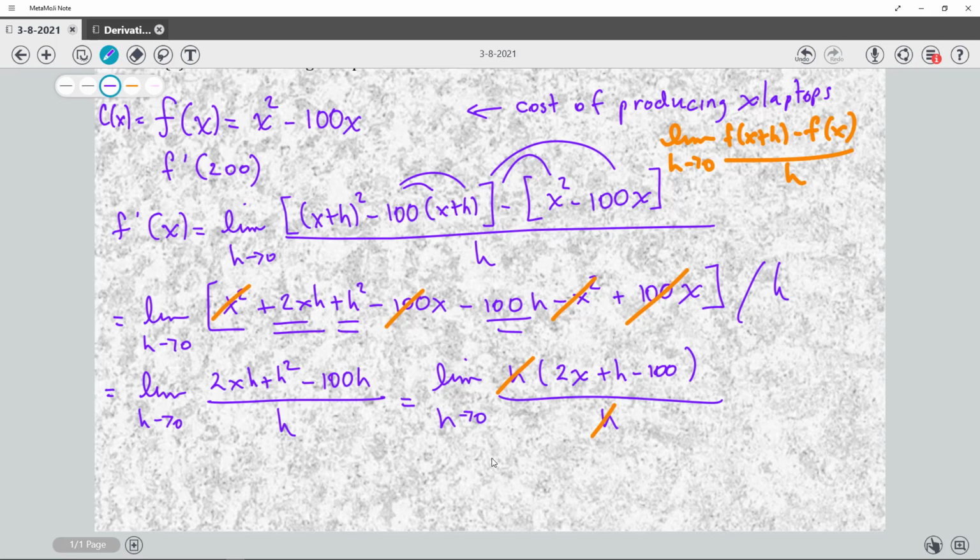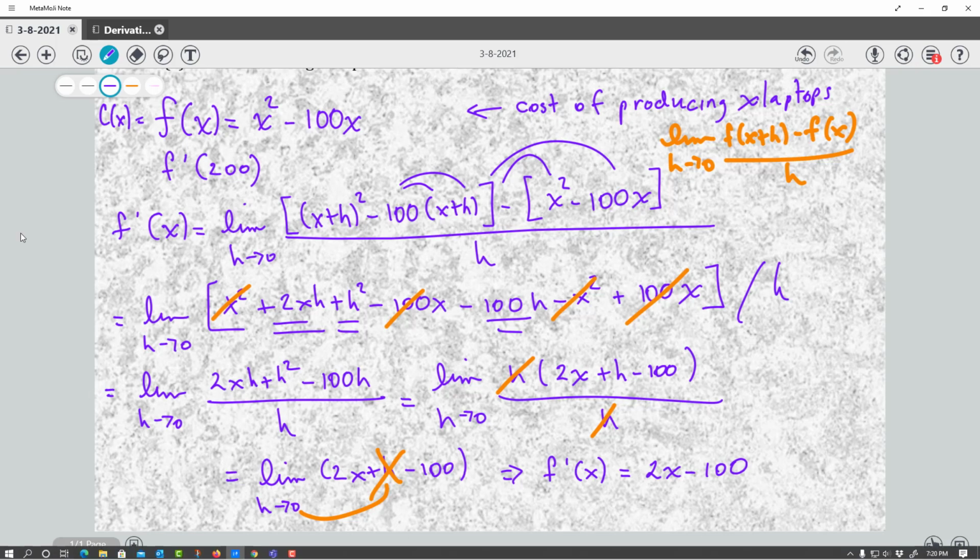So I'm simply left with the limit of 2x plus h minus 100 as h goes to 0. Bye-bye, h went to 0. And so f prime of x is going to equal 2x minus 100.